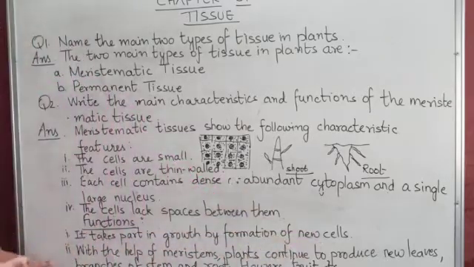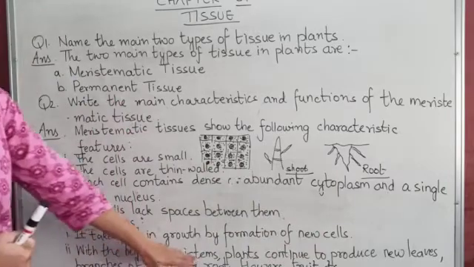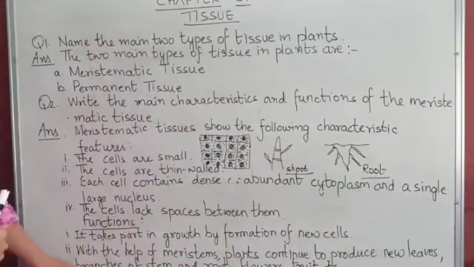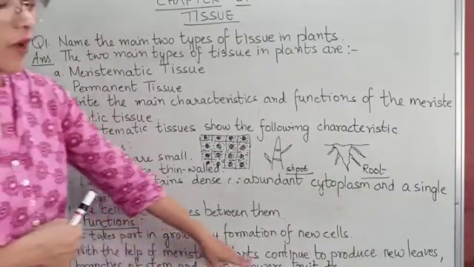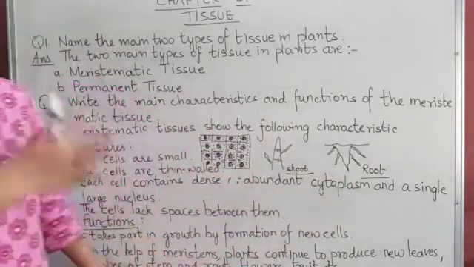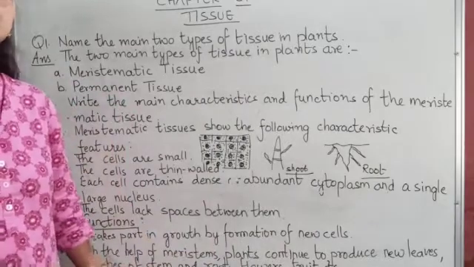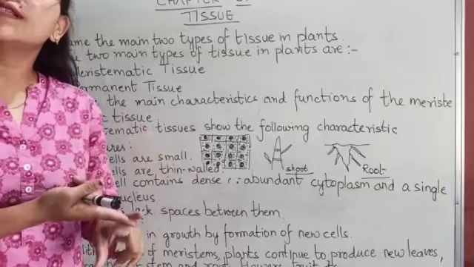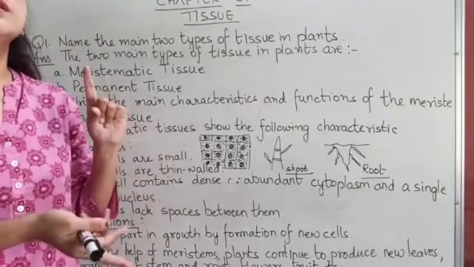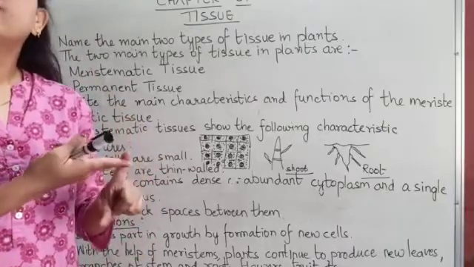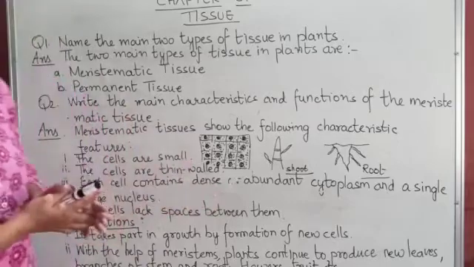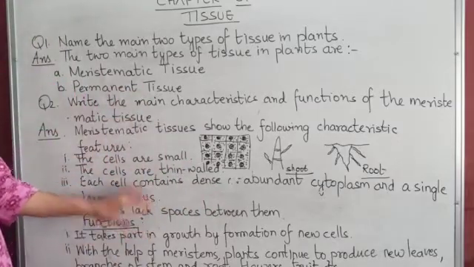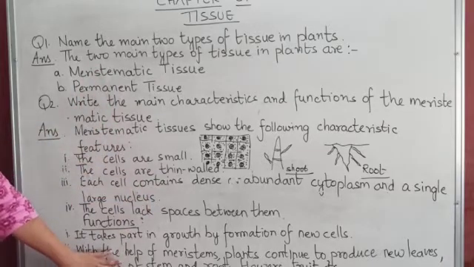Secondly, with the help of meristems, plants continue to produce new leaves, branches of stem and root, flowers and fruit, etc. So because of the meristematic tissue, plants produce new cells, then branches of stem, and also flowers, fruits, etc. These are the characteristics of the meristematic tissue, and these are the functions.